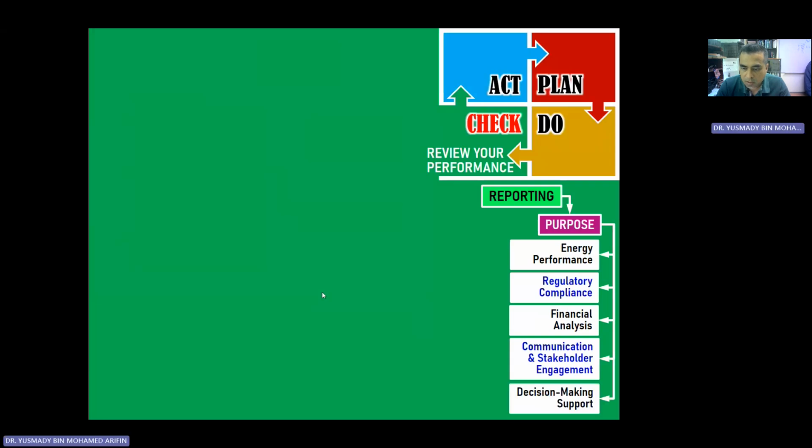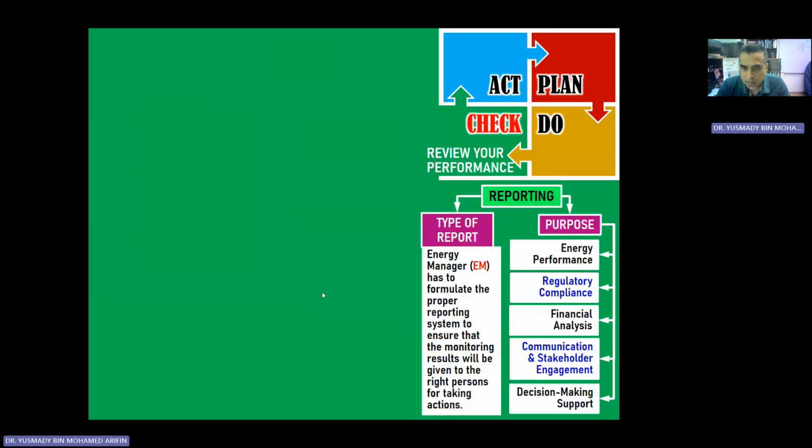And the last one is decision-making support. The type of report depends on the energy manager, EM, who has to formulate the proper reporting system to ensure that the monitoring result will be given to the right person for taking action. So the type of report depends on who will get the report.